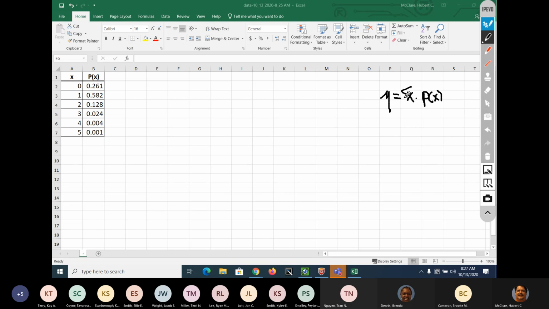And then my variance is going to be equal to the summation of x squared times p of x, and subtract mu squared. And then the standard deviation, I'm just going to call that sigma, or S, is equal to the square root of the variance.